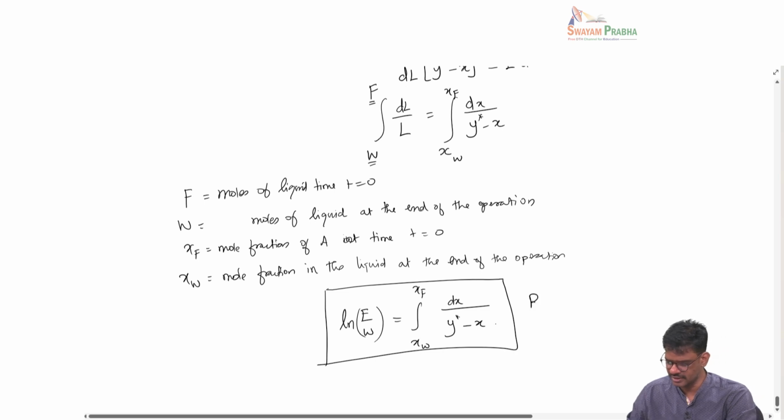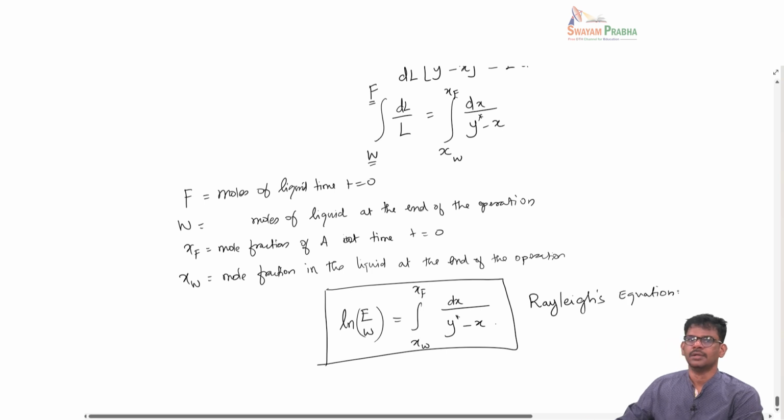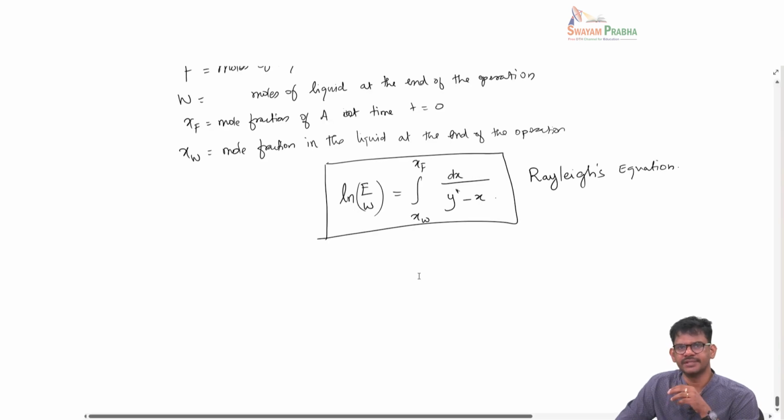This equation is called Rayleigh's equation. You can see this equation relates things. What we generally know is that F is known and XF is known. W and XW will depend on how long you run this operation.